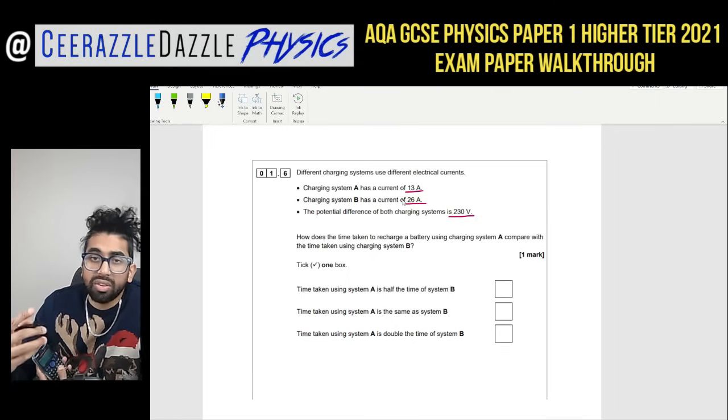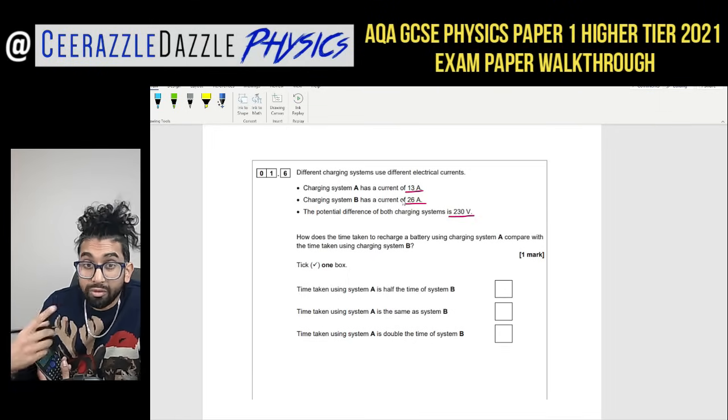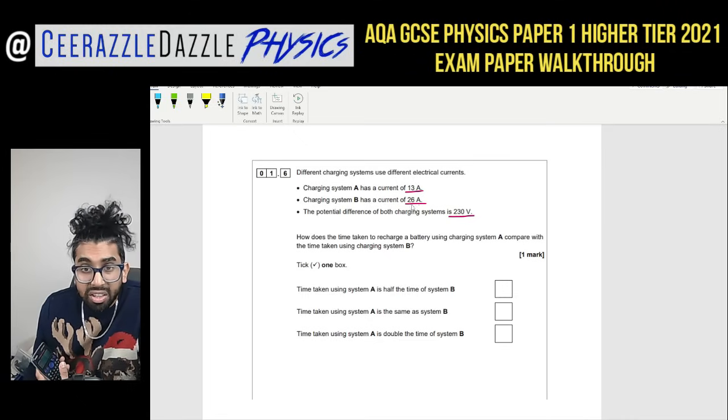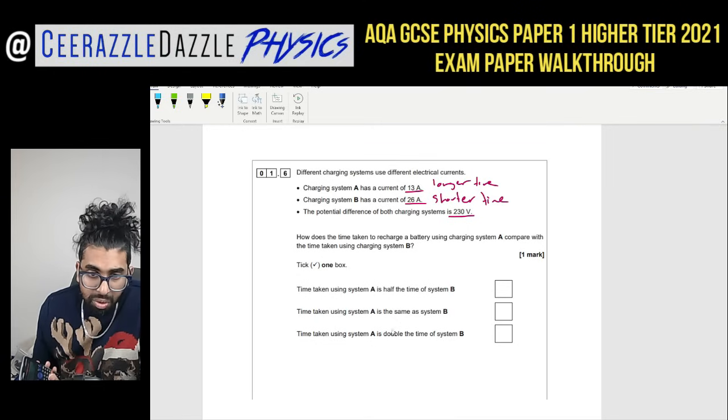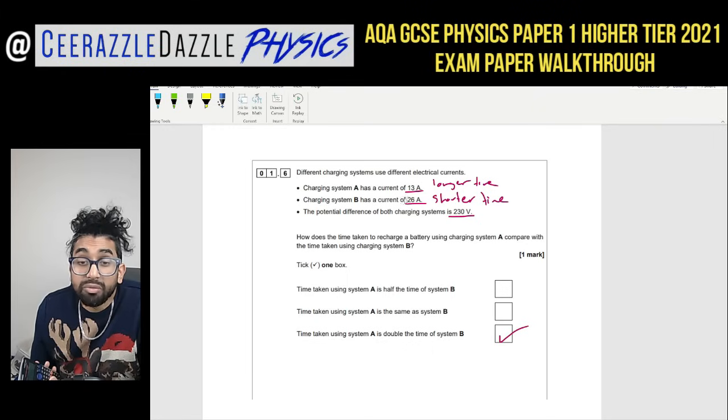If you've forgotten, current is the rate of flow of charge. So the higher the current, the quicker it will charge. B, because it has a higher current, would take a shorter time, and the 13 amps will take a longer time. So what we're looking for is that the time taken for system A will be double the time of system B. So think about this.